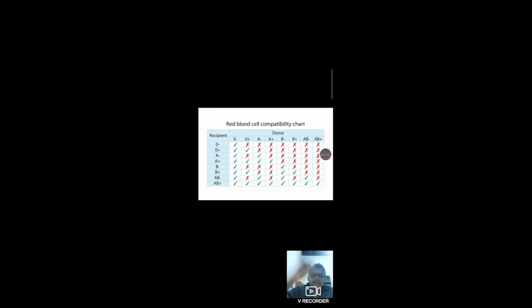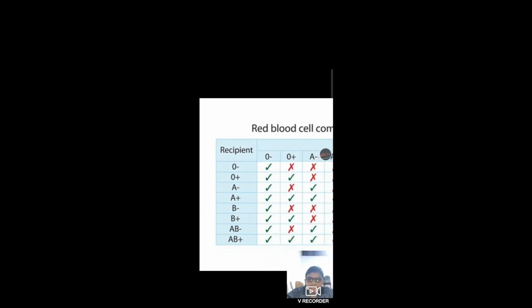And the person who receives blood is known as the recipient. You can see that one also here. The recipient is the one who receives blood.